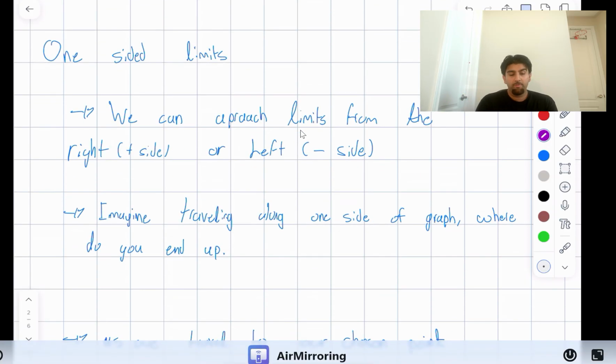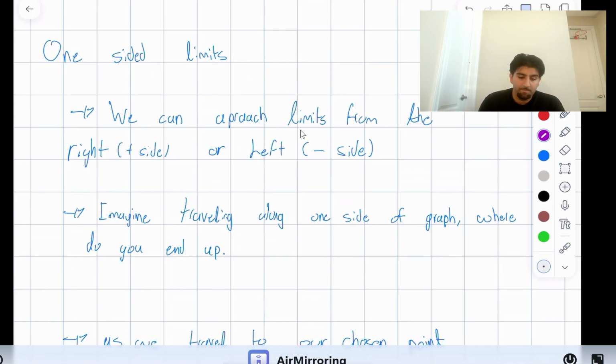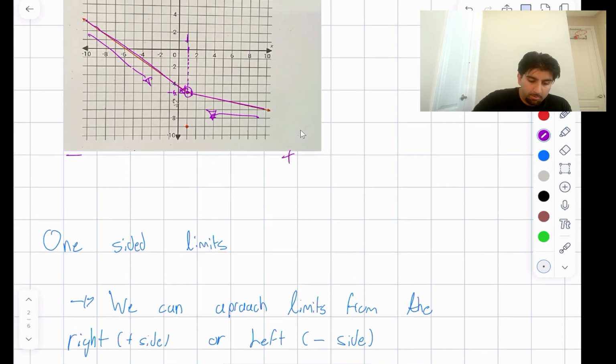So imagine traveling along one side of the graph. Where do you end up? Over here, we traveled along one side of the graph. There's another color. Traveled along one side of the graph this way, we ended up here. One side of the graph this way, to this point, we ended up here. Okay?